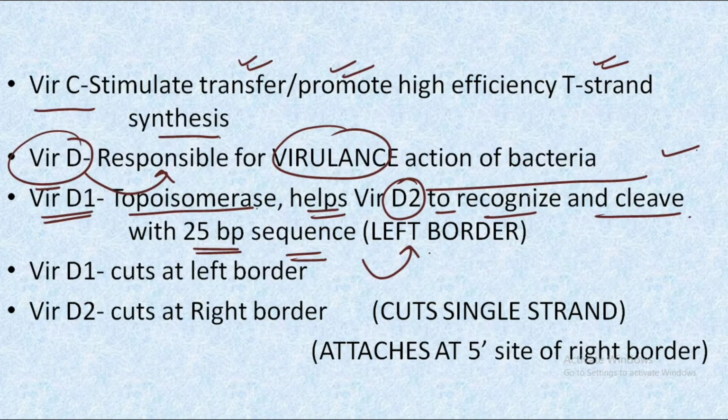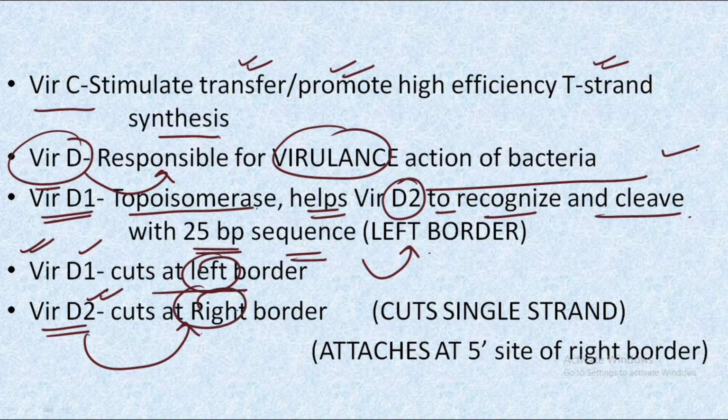So VIRD1 helps to cleave the left border of the tDNA, and VIRD2 cuts the right border. Make sure you remember which VIRD is cutting which particular border: VIRD1 cuts the left border and VIRD2 cuts the right border.